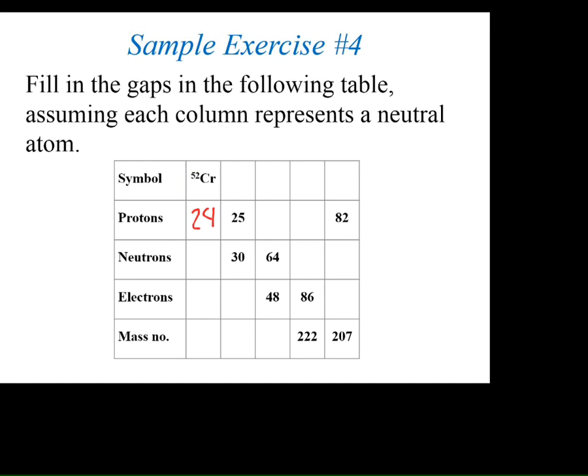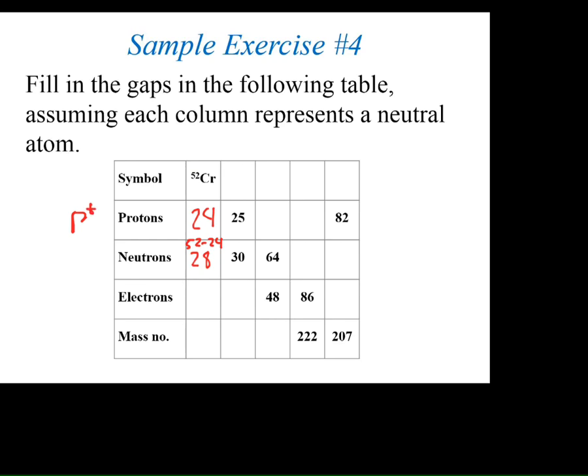How do we find the neutrons? Subtract that from 52. So how many neutrons would it have? 28, right? So we take 52 minus 24. Good. How about the electrons? What did we say last time about the electrons? How do we find that one? If it's neutral, then it'll be the same. Yes, it's neutral, so it is the same as the what? Protons. Right, so protons are positive.